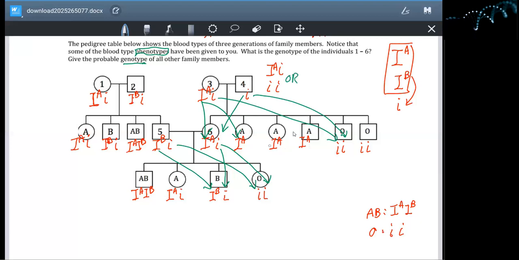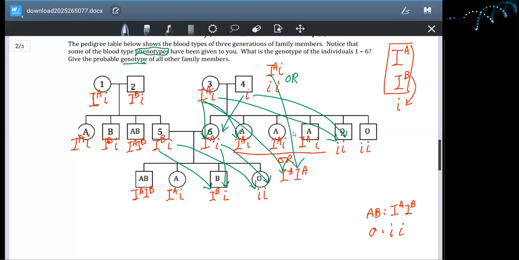What about these individuals? Well, I really don't have enough information, okay? It can be big IA, little i, because it will get the big IA here and little i from this dad. Or all these can either be that or big IA, because big IA from this parent or big IA from this parent.